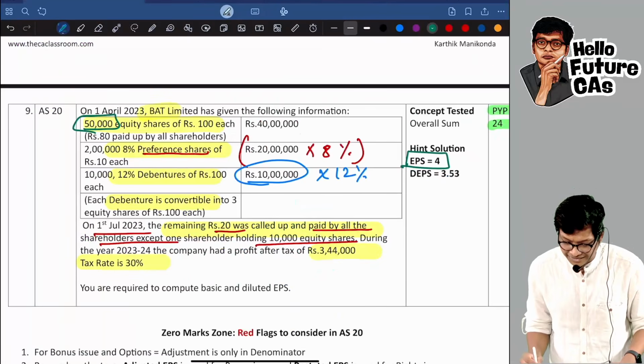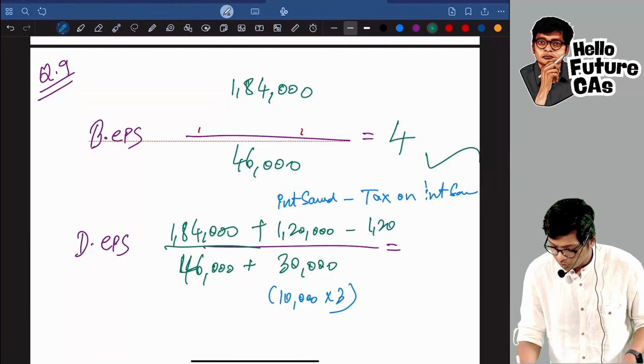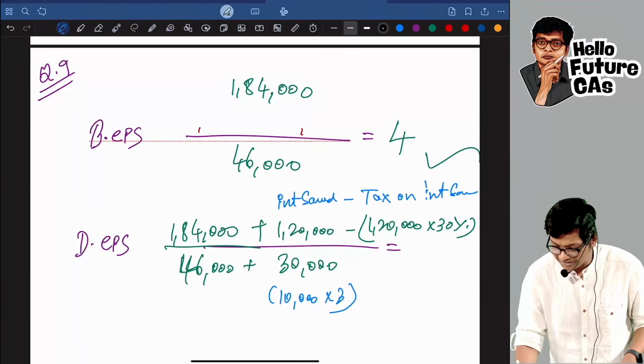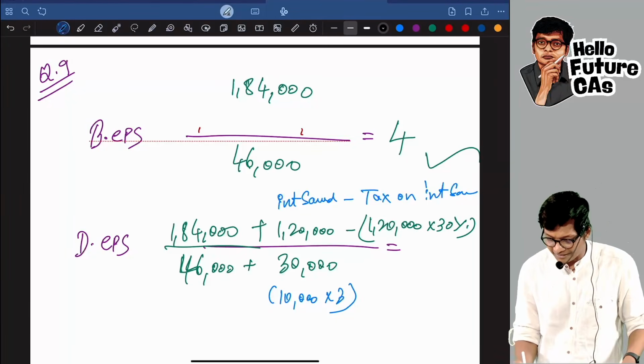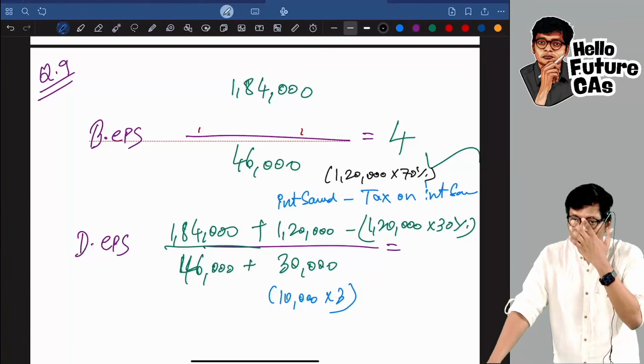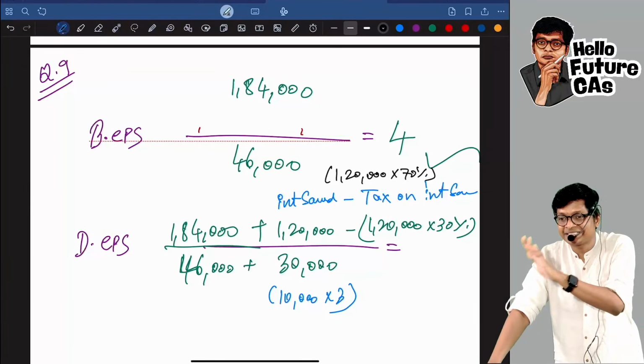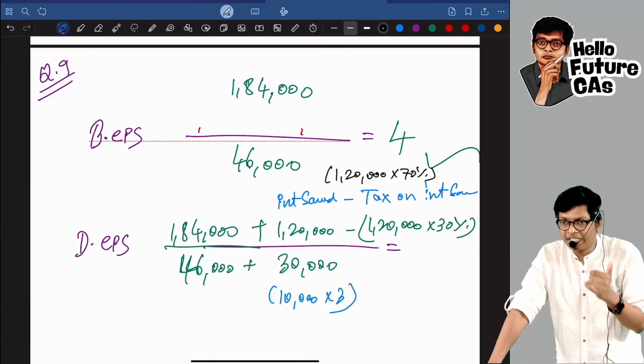Have they given the tax rate? Yes, 30%. So minus 1,20,000 into 30%. In most of the classes and books, of course, what faculties will do is they will directly do 1,20,000 into 70%. I hope you understand what they are doing there. They are doing net impact. Instead of doing 1,20,000 minus tax, they are doing 1,20,000 into 70%.